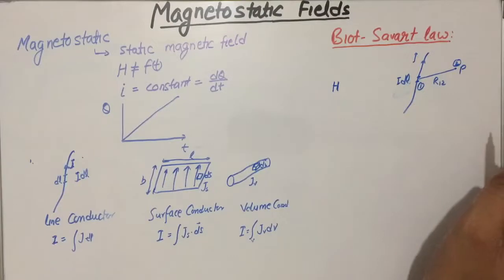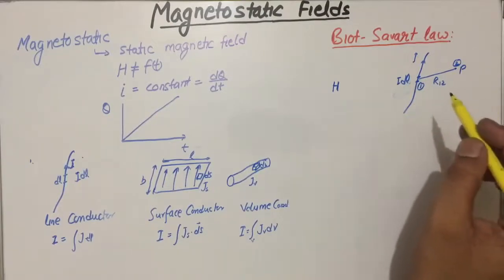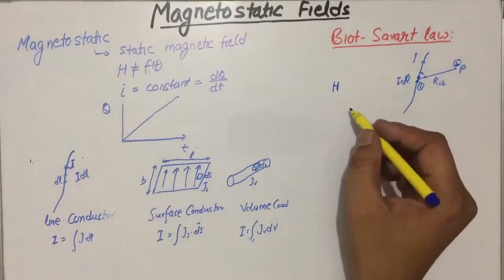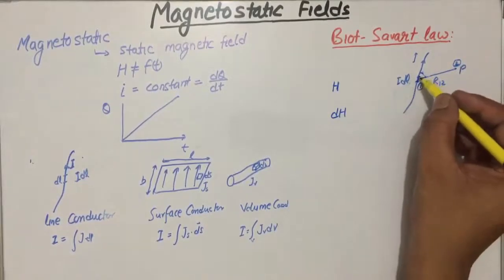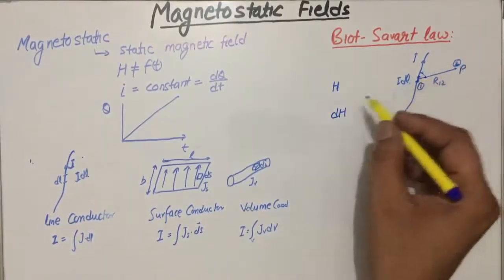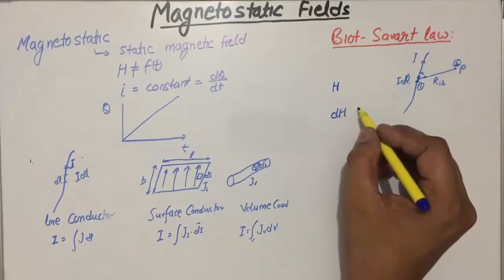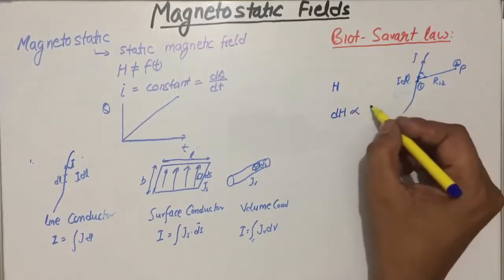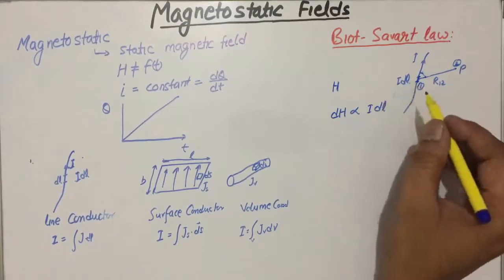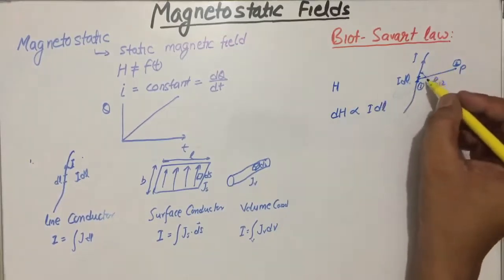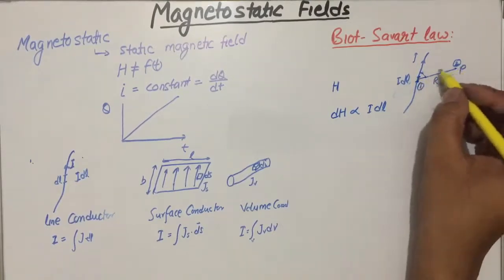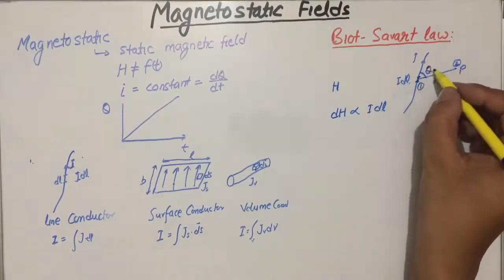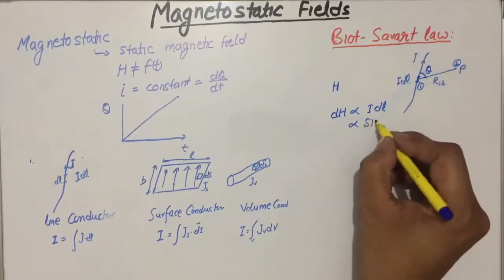Okay. Now, according to the Biot-Savart law, he observed that the magnetic field intensity dH due to this current element is proportional to the current element itself.